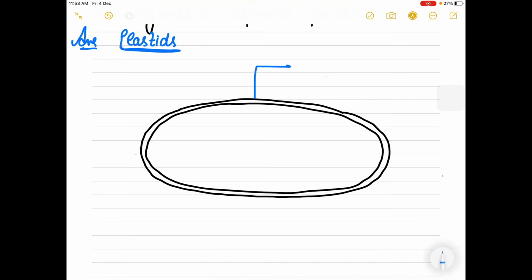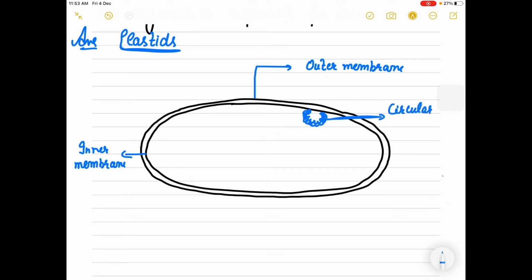This is the outer membrane of the plastid, and this is the inner membrane. Now here on the inner membrane there is present our circular DNA. Circular DNA is present in the plastid, and plastids are present in the plants only.